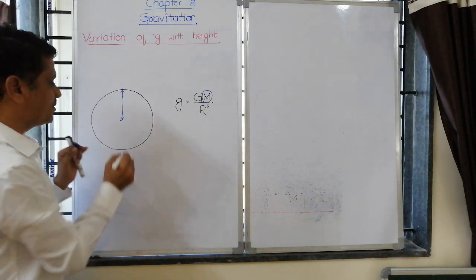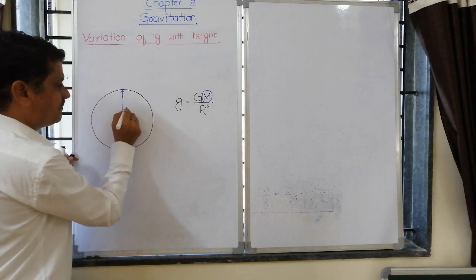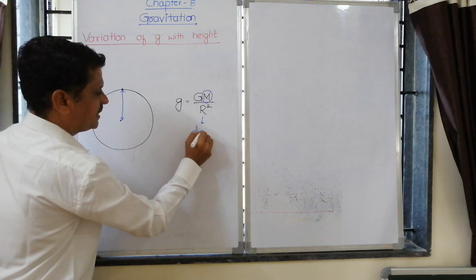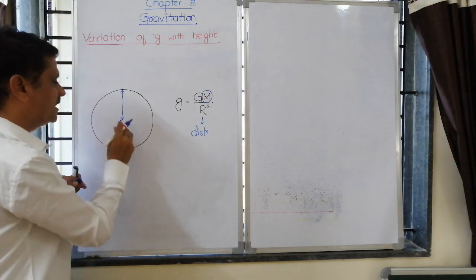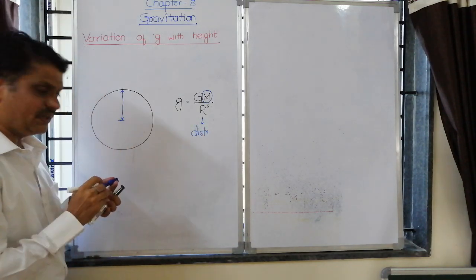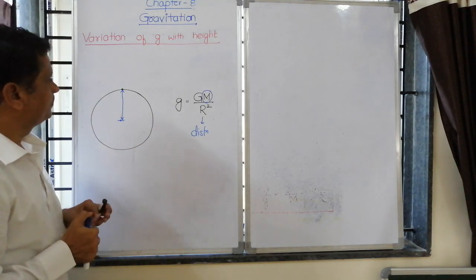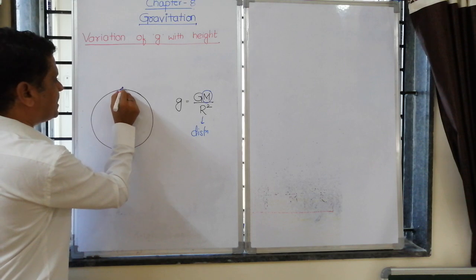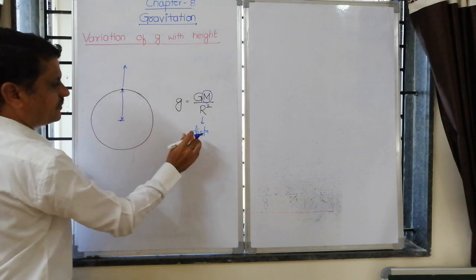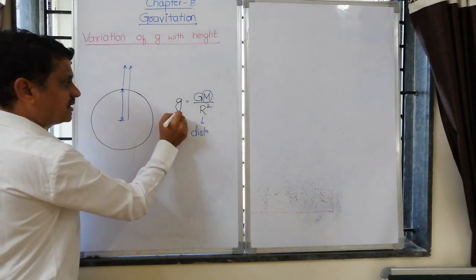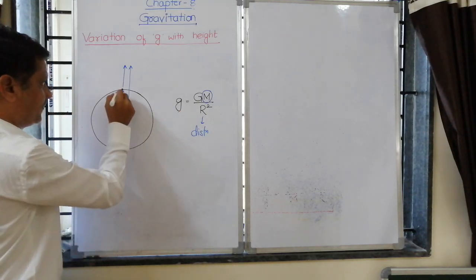Here our assumption is R is the distance of the given point from the center of the earth. So according to this, as we go above the earth, this distance changes. Therefore, g also changes.